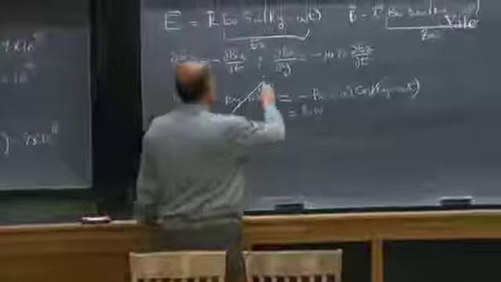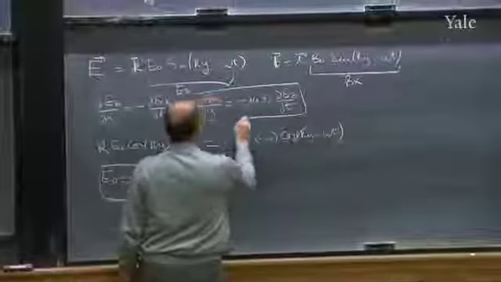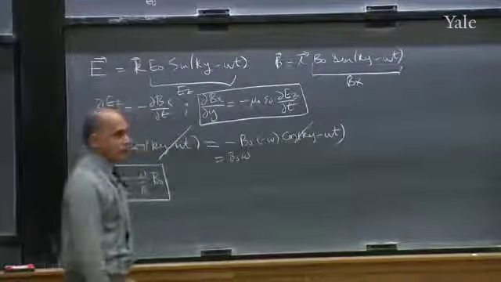I'm almost done. So I want to take this condition now. So dBx dy, what is that equal to? B0 k cosine(ky minus omega t) is equal to minus mu0 epsilon0 dEz dt, which will be minus omega E0 cosine(ky minus omega t). Cosines cancel.